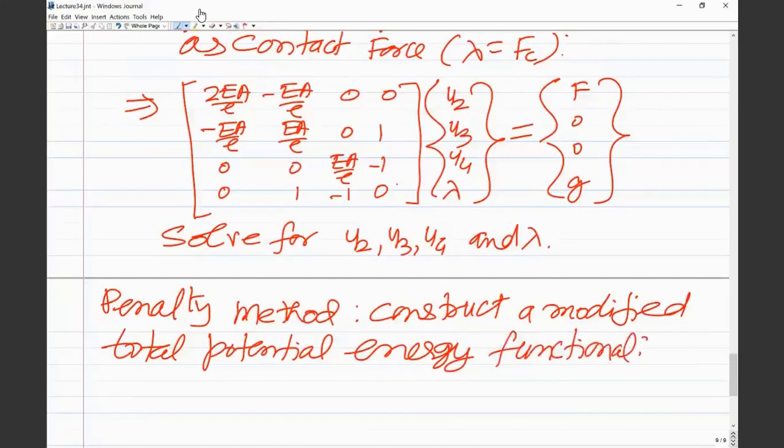So now let me also denote this by I dash, although I dash of Lagrange multiplier is different from this. So I plus, now we use a penalty term. So Kp is the penalty stiffness, U3 minus U4 minus G, and we do a whole square.